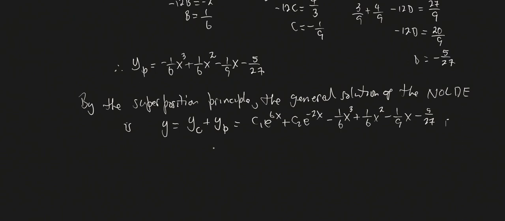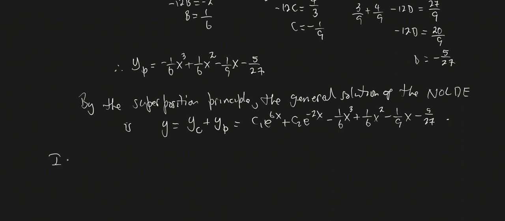These are the three types of functions to which the method of undetermined coefficients applies most readily. So if you have these types of functions on the right-hand side of the differential equation, the method of undetermined coefficients works best. So let's make a little note of that.